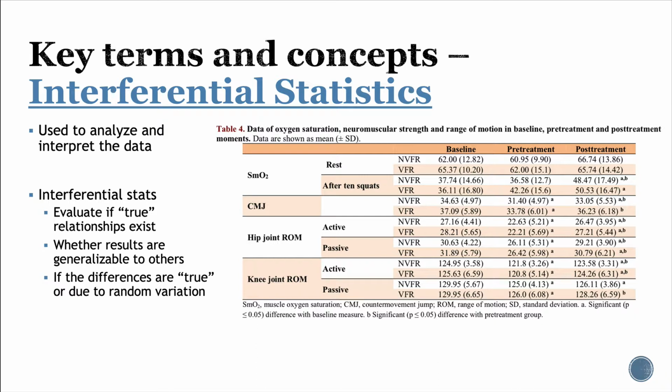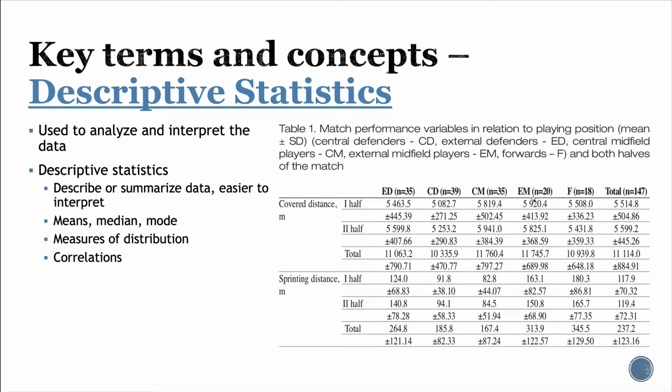So, in the previous slide, we looked at the distances covered by these different positions in soccer. We see that there are differences in those measures. Well, are those differences real? If I'm an external midfield player, am I really likely to run 900 meters further than a central defender?